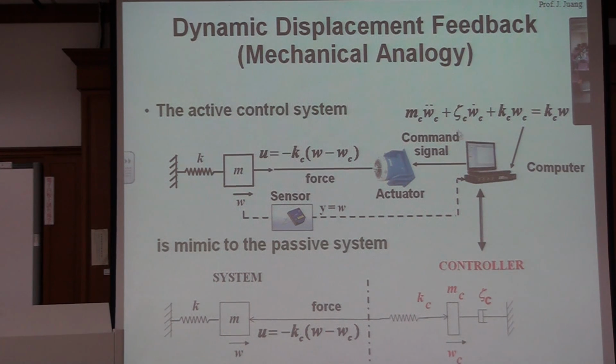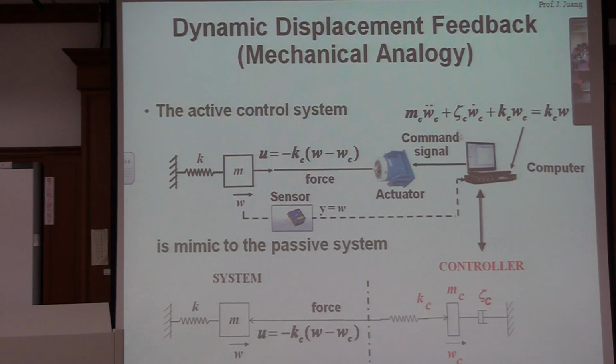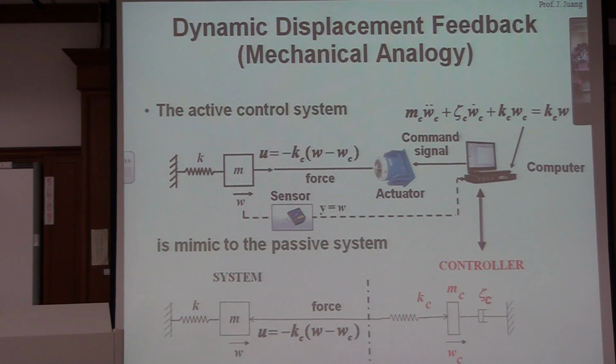Now we move in this class, gradually from the passive system to the active system. So this is the mimic. I say this mimics this controller, the same thing.